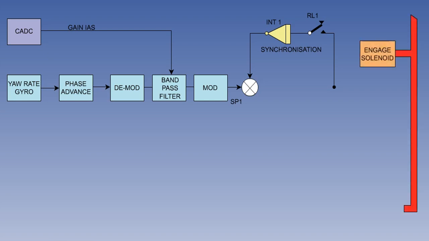For the yaw damper system to work, we need a supply of hydraulic fluid, and this is made available through an engage solenoid, which ensures that hydraulic pressure is available at the transfer valve.